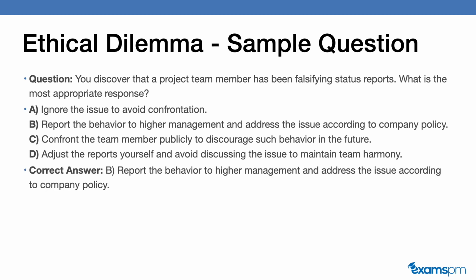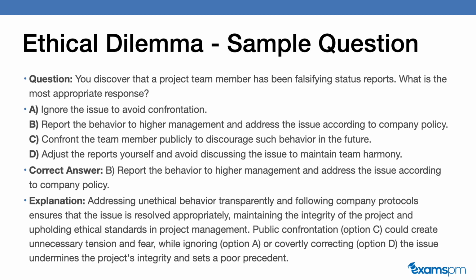And if you said B, you will be correct. You want to report any unethical behavior to higher management and call that person out directly. And you want to follow any company policy that may be relevant. The reason you want to do this is because if you don't address those unethical behaviors transparently, other people on your team may think it's appropriate to act that way as well.